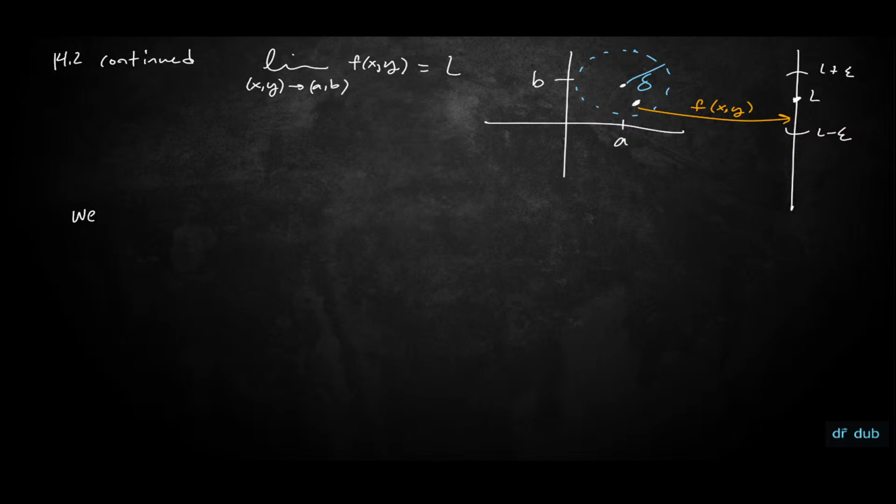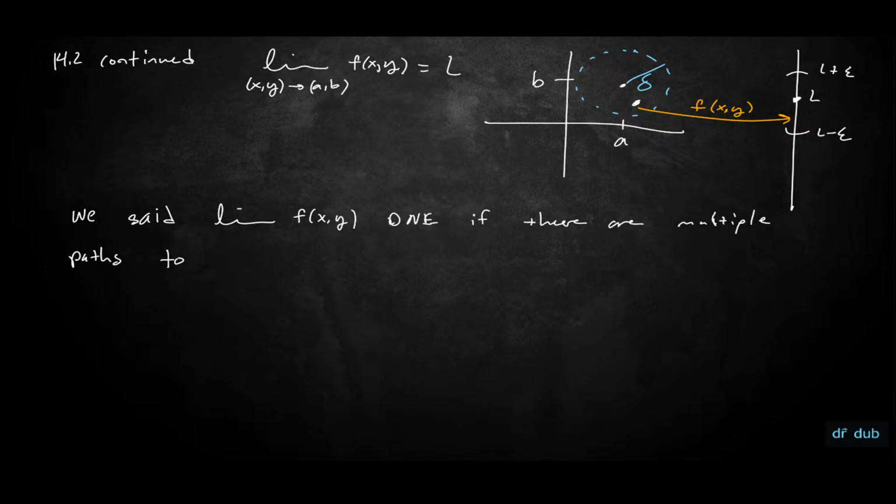We said the limit does not exist. We said the limit of f(x,y) does not exist if there are multiple paths to the point (a,b) such that they yield different limits.